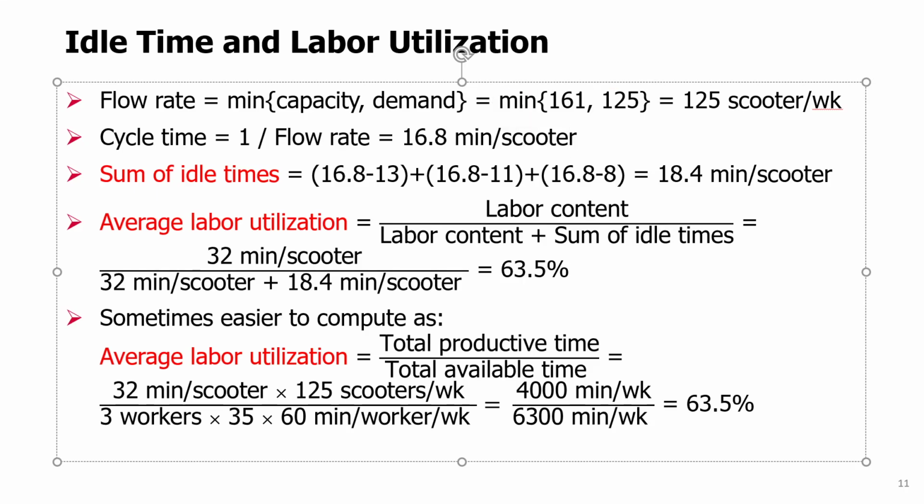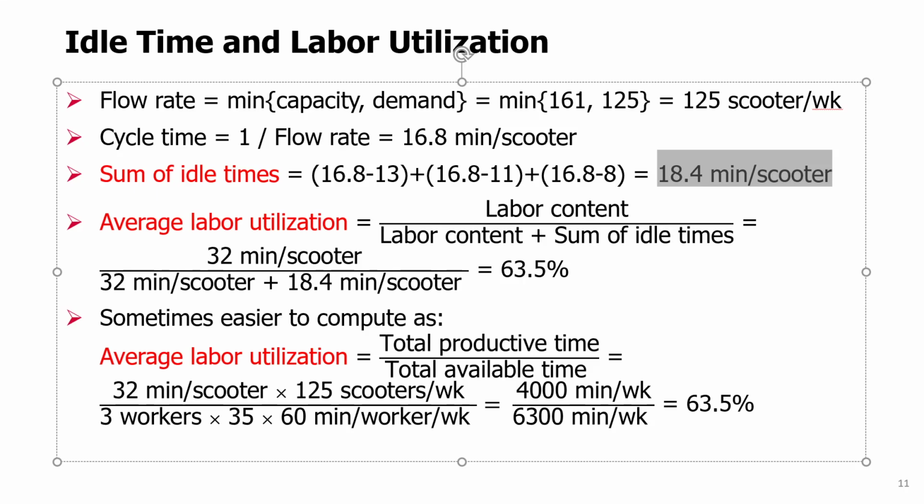So if we want to produce at this rate, we have 16.8 minutes for every scooter. Now I can calculate how much idle time in total there is, because I can take this cycle time, subtract the activity time, and find the idle time for worker 1, worker 2, and worker 3. It gives me a total of 18.4 minutes for every scooter.